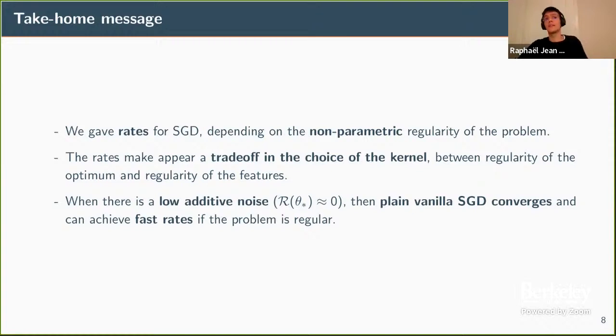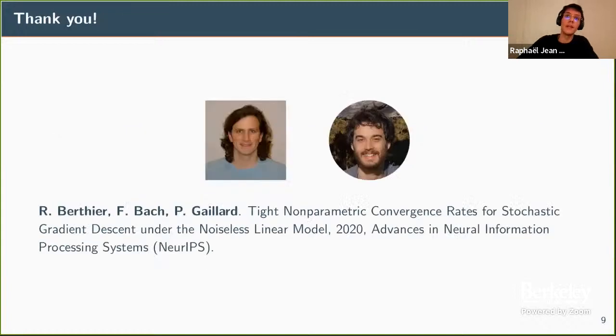In the case where there is low additive noise, so maybe you want to call that the interpolation setting, so the risk of the optimal predictor is close to 0, then plain vanilla SGD will converge. And you can even achieve fast rates if the problem is regular. Let me end by thanking my collaborators, Francis and Pierre, and thank you for your attention.